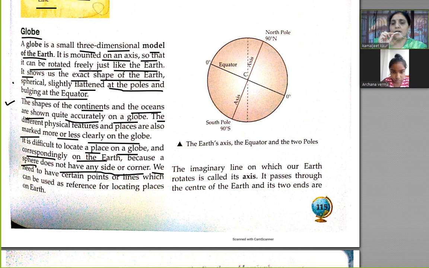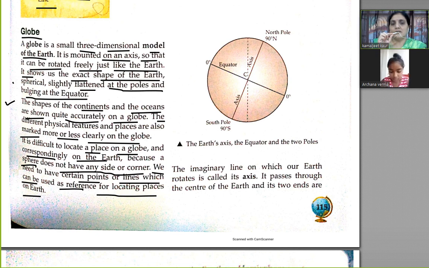We need to have certain points or lines which can be used as a reference for locating places on the earth. What will we do? We need to have certain points or lines which can be used as a reference for locating places on the earth.